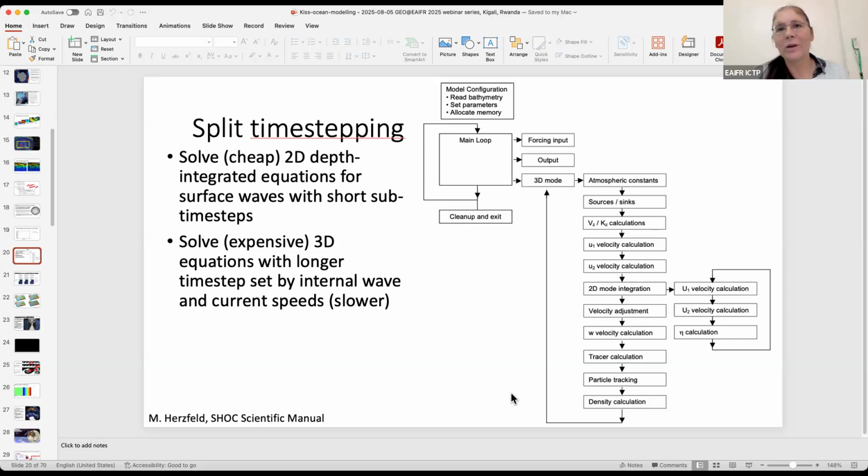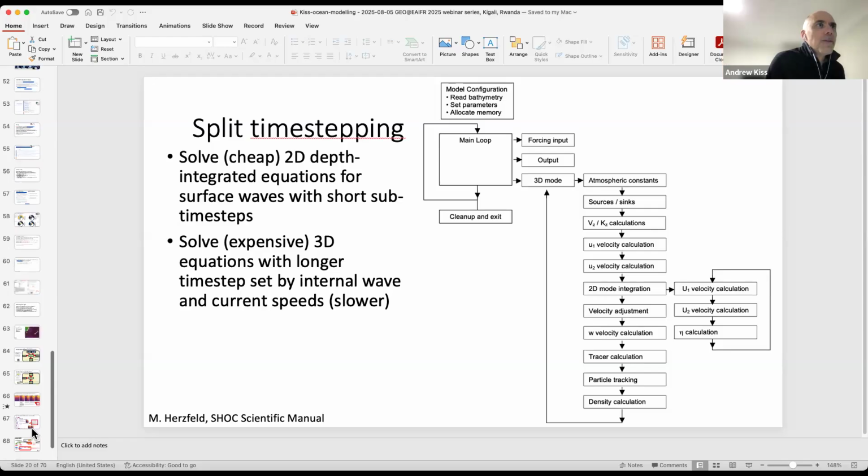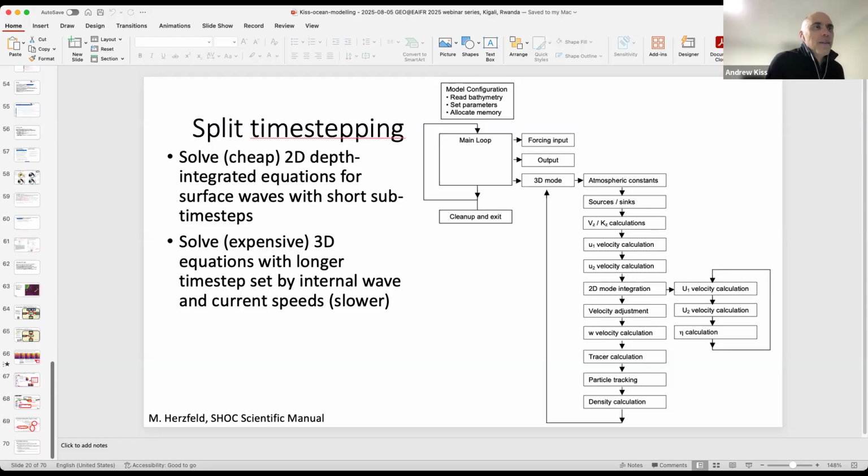Maybe I'll ask a quick one. You mentioned the model simulations. What about the model analysis and the amount of data you generate? How do you analyze all this modeling data? I've probably got some slides on that down the bottom of this. It's a big problem actually.